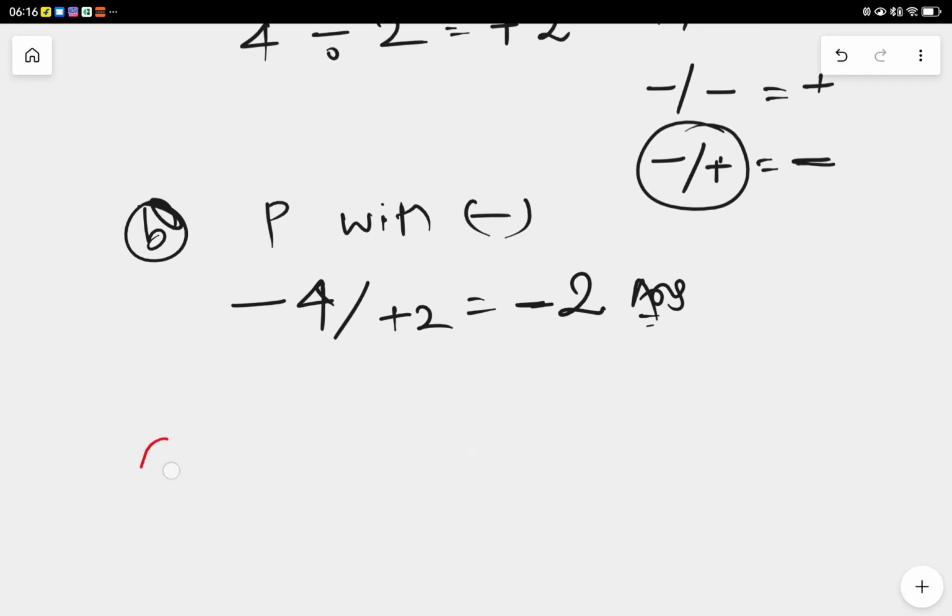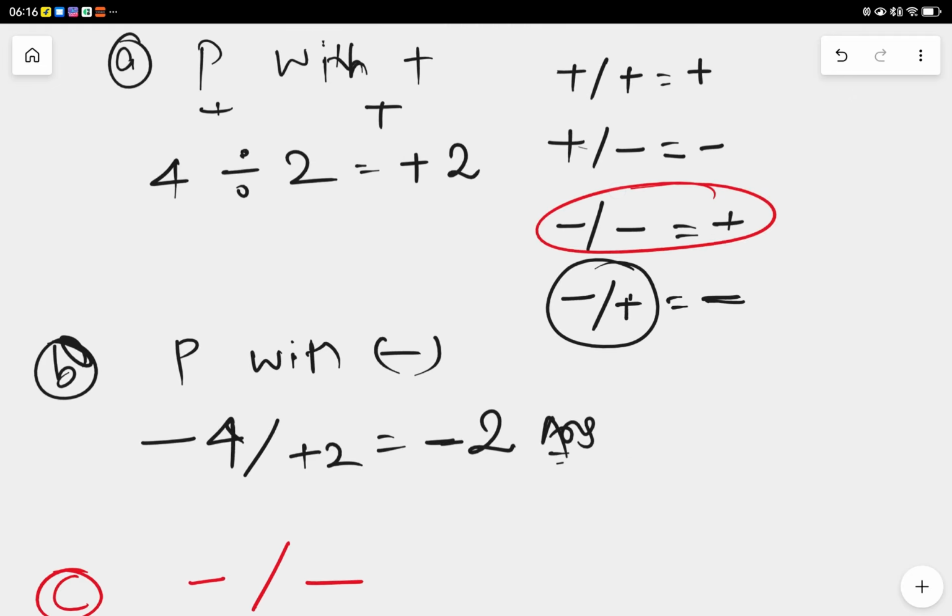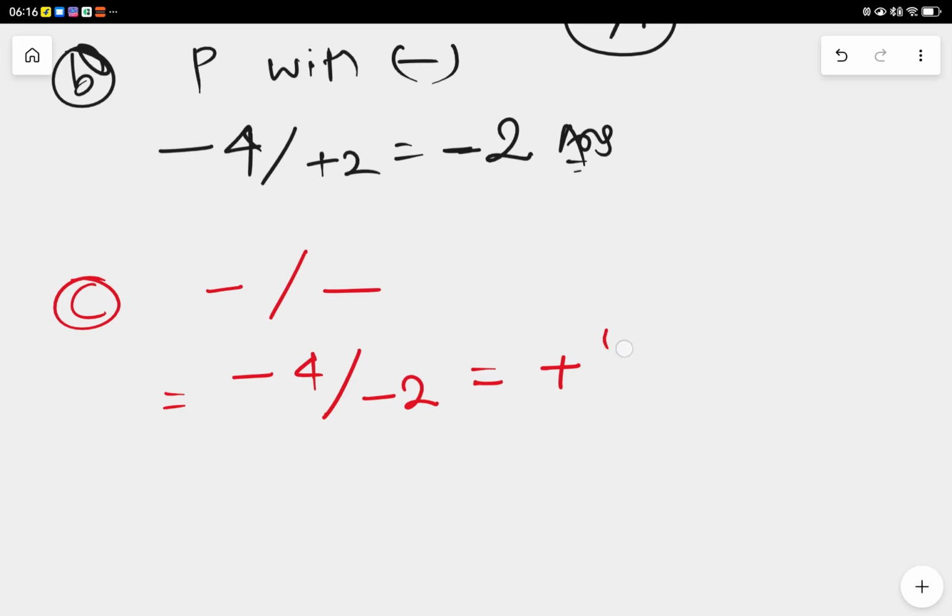And the third case is, what if negative is divided by negative? Example, -4 divided by -2: the minus minus will become plus, and this will become 2, the answer.